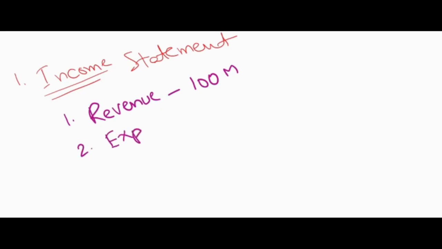So we need to know what expenses were incurred to manufacture these items which are sold. Let's say the expenses are around 60 million. Now what is the difference? 40 million.